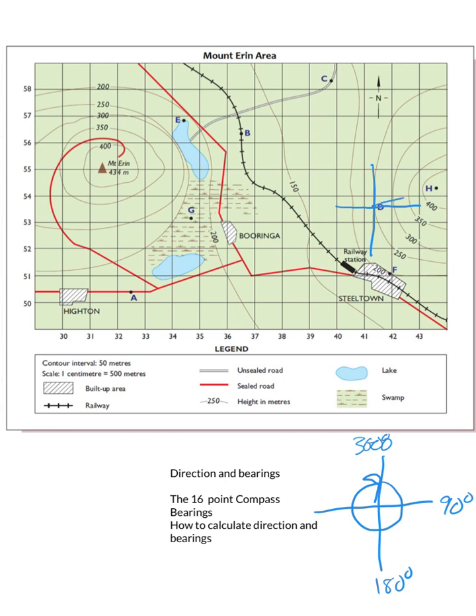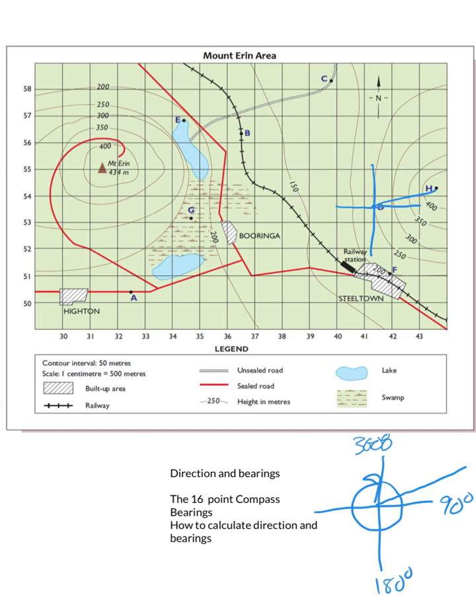So if we went D to H, and you can use an actual compass piece of equipment to help you with questions like this, D to H is going to be just shy of 90 degrees. So you might say it's about 70 degrees, 75 degrees.